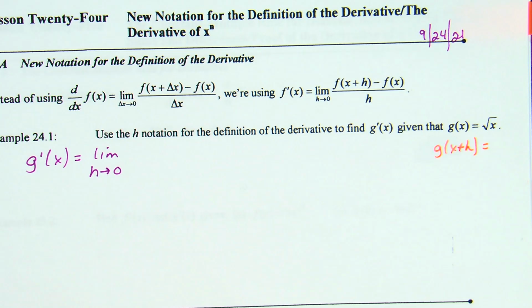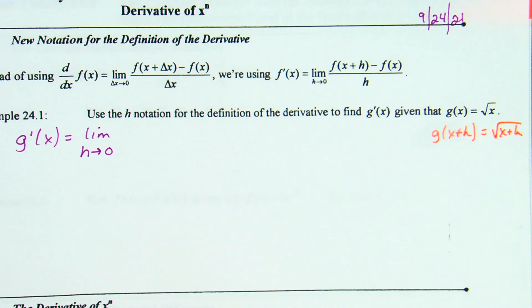I think that's half of the roadblock to doing these problems for you guys. It's the square root of x plus h. Every place I see an x in the original problem, it's now replaced with an x plus h. That's just a reminder.